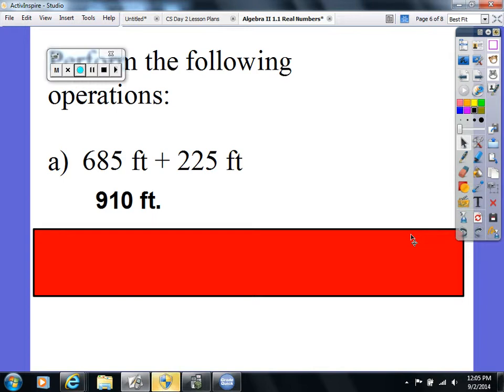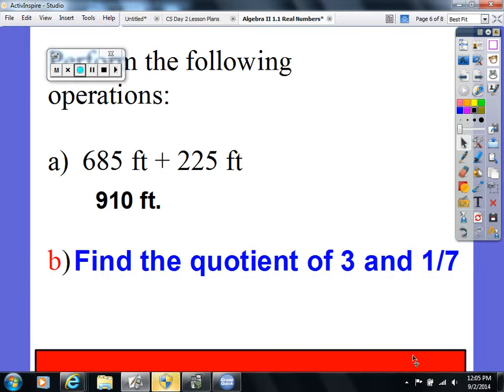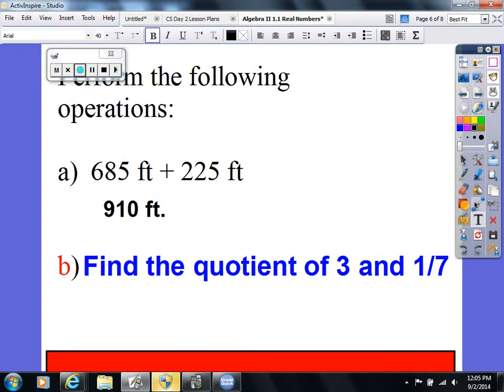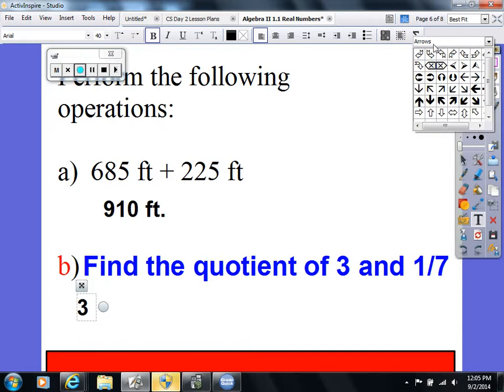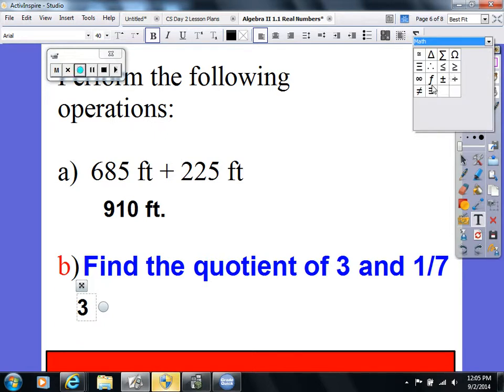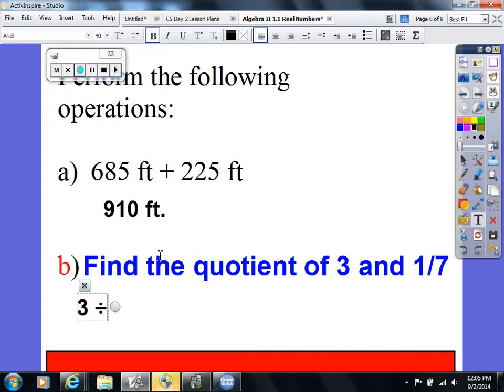And our final problem of the day is actually getting us to think about how do I show my work in this class. So quotient. When we think of the word quotient, we should be thinking of the word divide. So the way I'm going to show work here is I'm actually going to show 3 divided by 1/7.